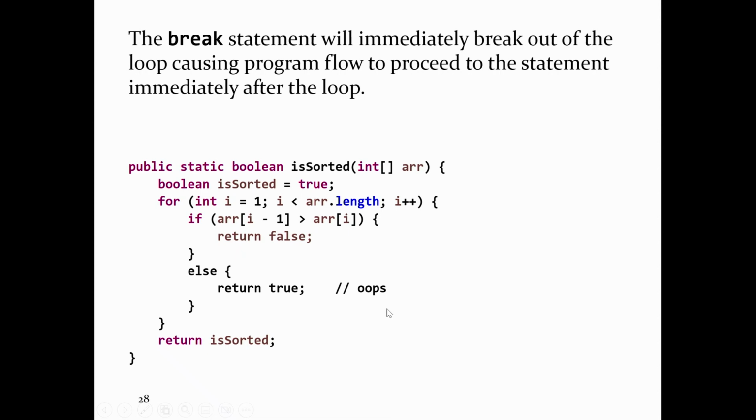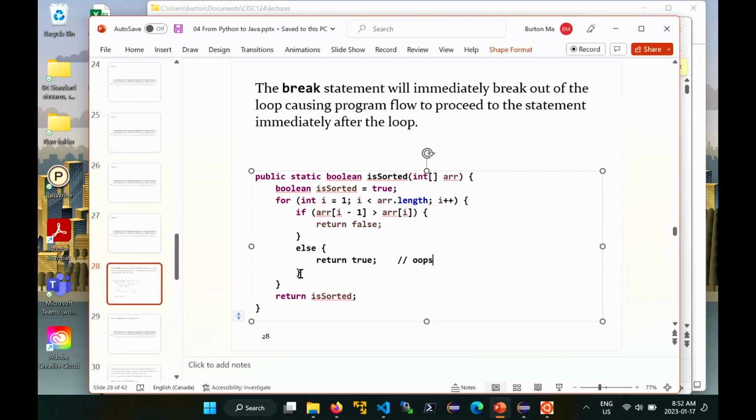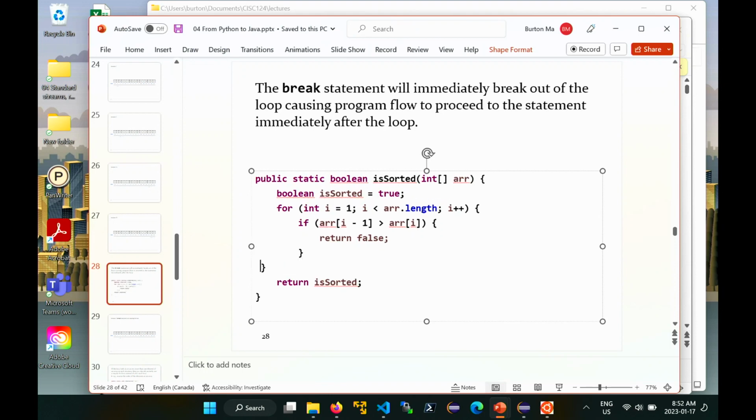So don't do that. You don't know that the answer is true. If you find two elements that are in sorted order, you still have to look at the rest of the elements. So you can't logically return true from inside this loop. And so you have to watch out for that as well. These are surprisingly common errors that you find when you're reviewing code.